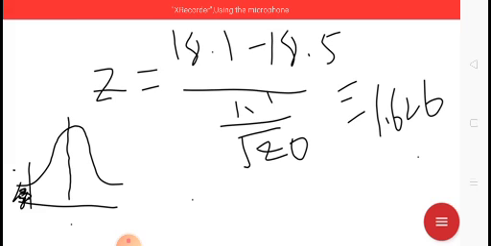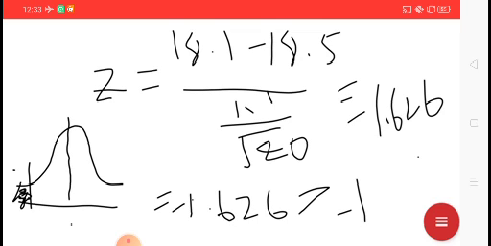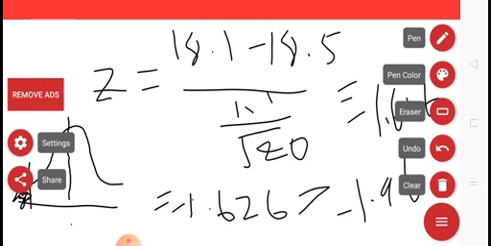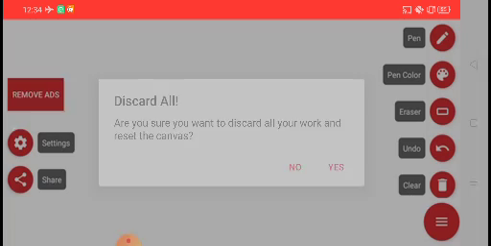So now you can compare to the z value. Negative 1.626, okay, is larger than negative 1.96. Okay, so now ask yourself, is it in the critical region? Is it in the highlighted region? Negative 1.626. Okay, so once you ask yourself this, for this question, now you can put the statement.